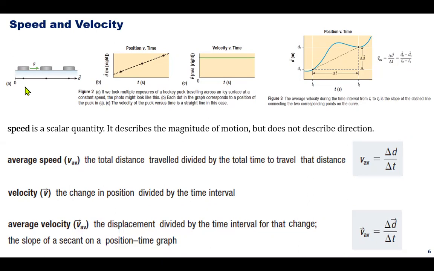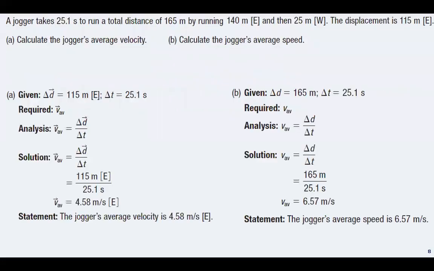When an object moves with a constant speed, the average velocity, the displacement divided by the time interval for that change, is constant throughout the motion, and the position time graph has a constant slope, as shown here in figure 2b.